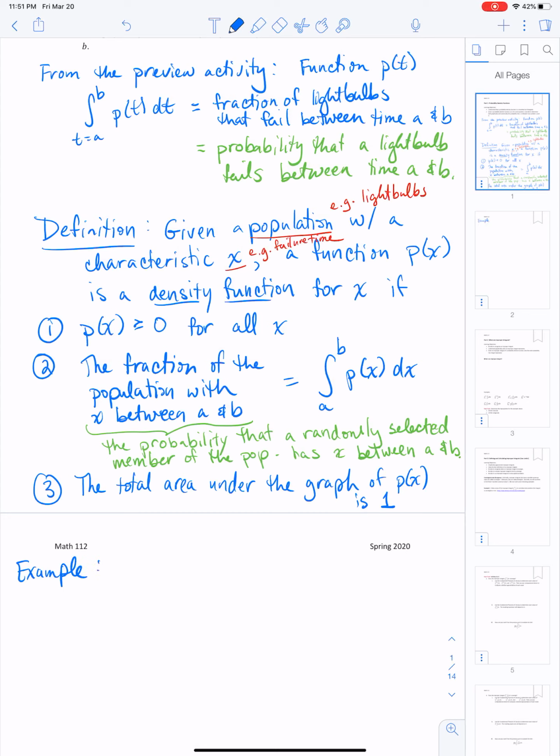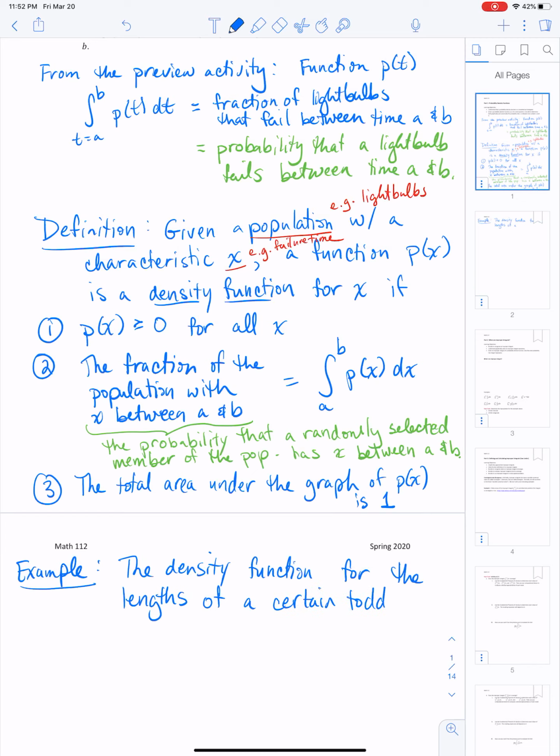So let's suppose we have a density function for the lengths of a toddler's naps.